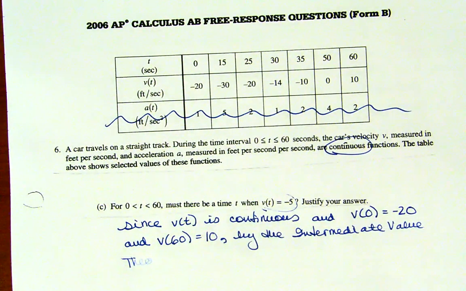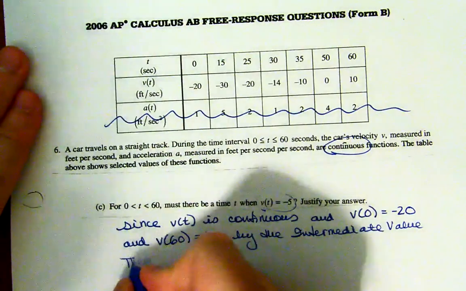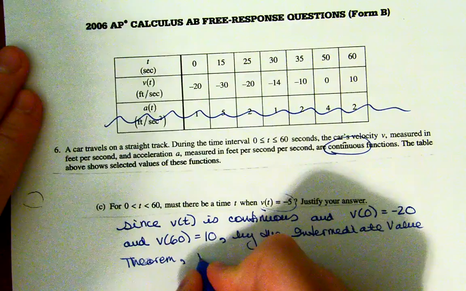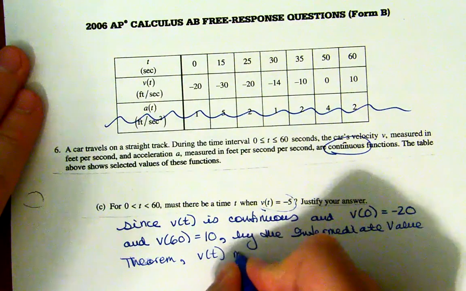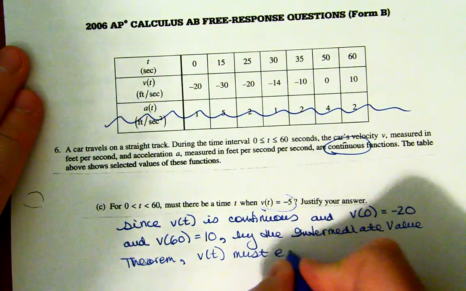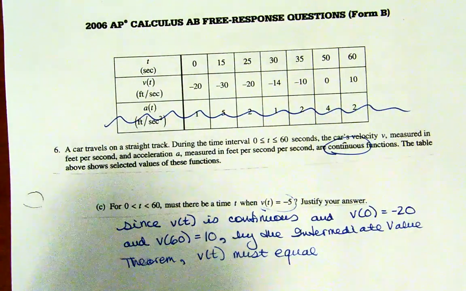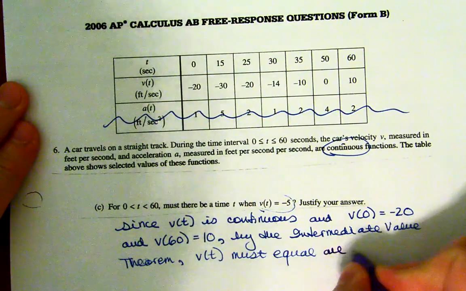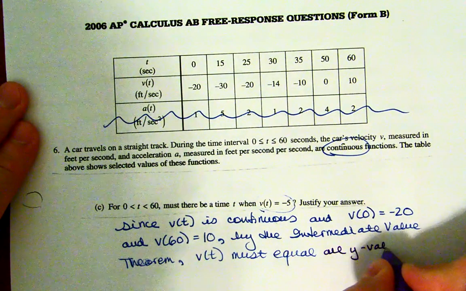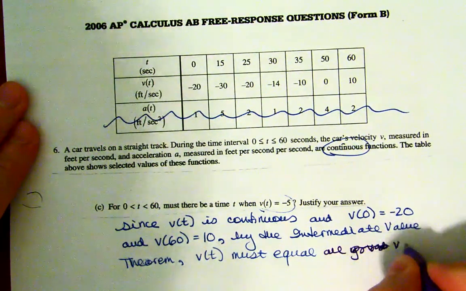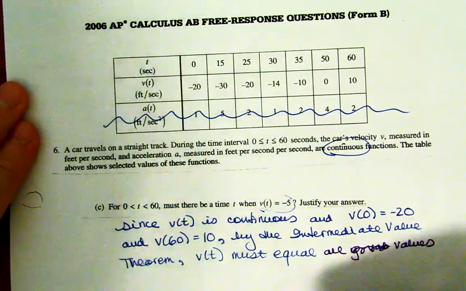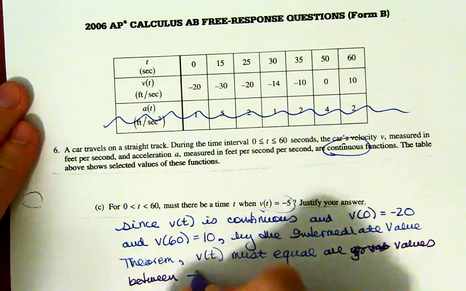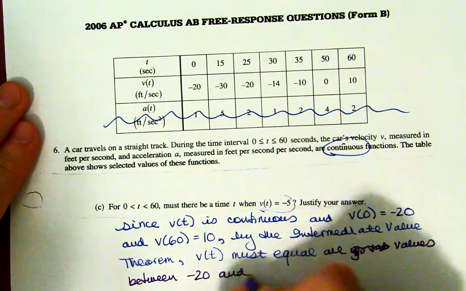the pen's drawing out, so let me try another one. By the intermediate value theorem, v of t must equal all values between negative 20 and 10.